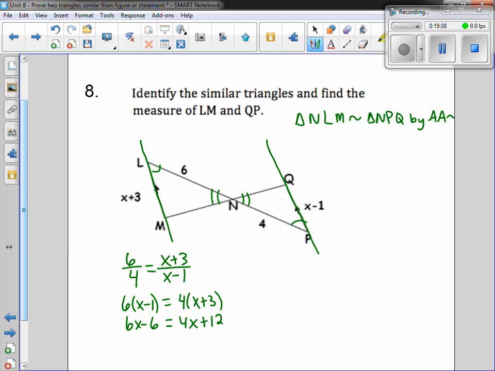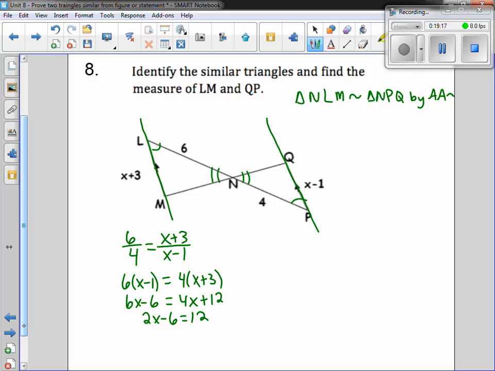We're going to move our x's to the same side. 2x minus 6 is equal to 12. Add 6, so 2x is equal to 18, and x is equal to 9. And we want to know the lengths of LM. LM is going to be 12, and QP is going to be 8.